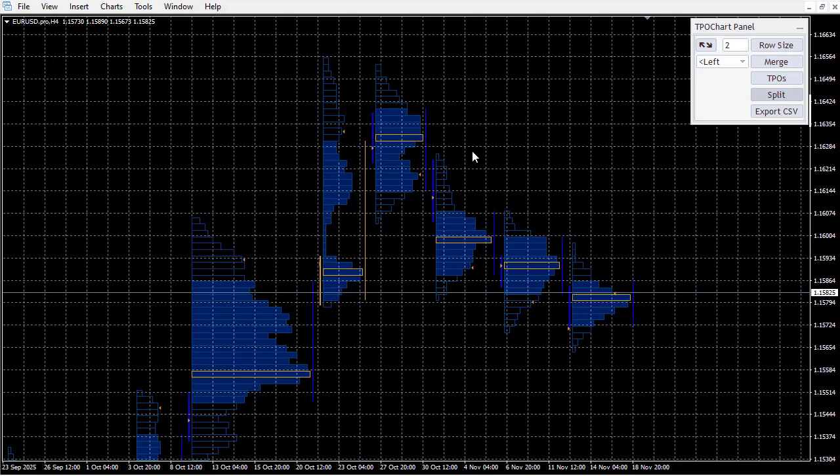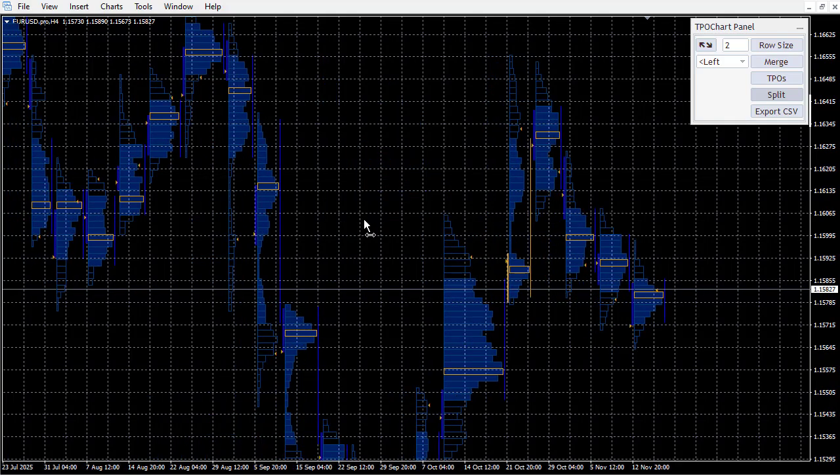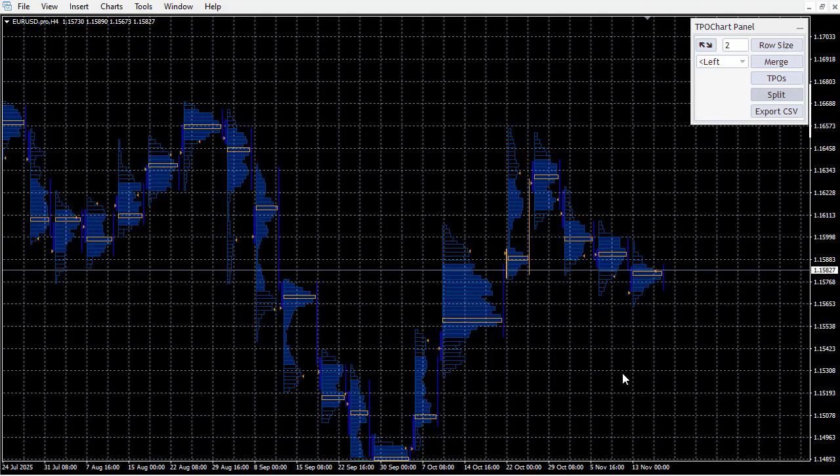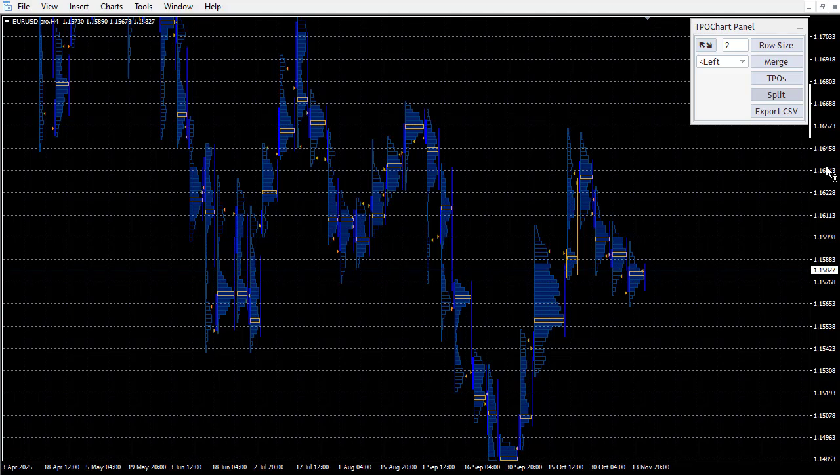So it is important to understand the structure and who is in control. This is why the market profile is very useful, because this is the characteristic of price. It moves up to a certain level, up or down, stops, consolidates, and then either reverses or it continues. And we can understand this better with the profile. Let me again zoom out so you can see a little bit of history, what has happened in the past.